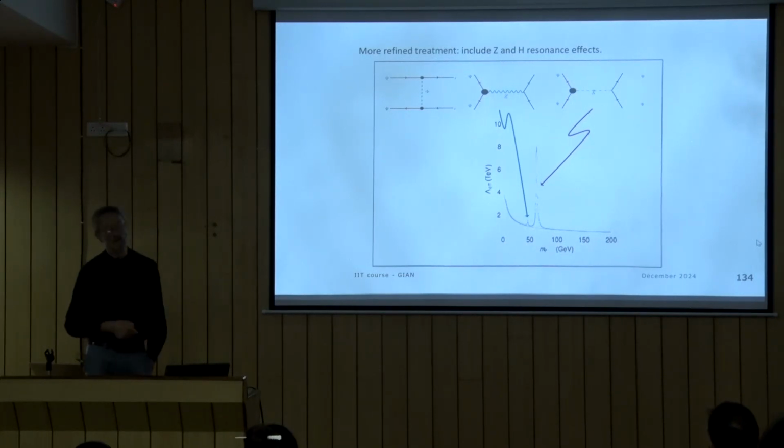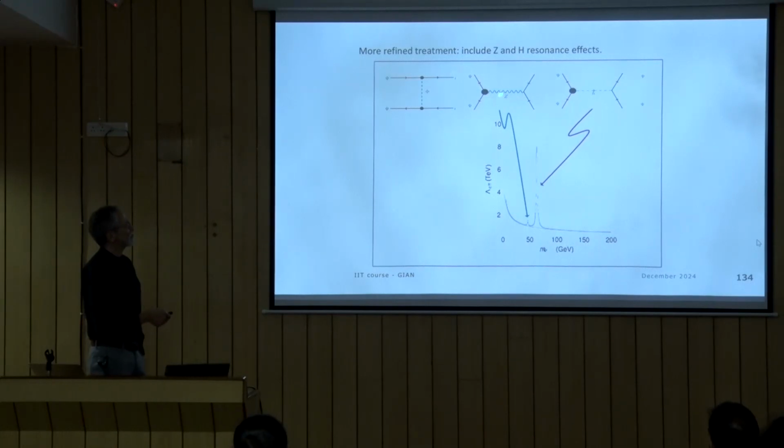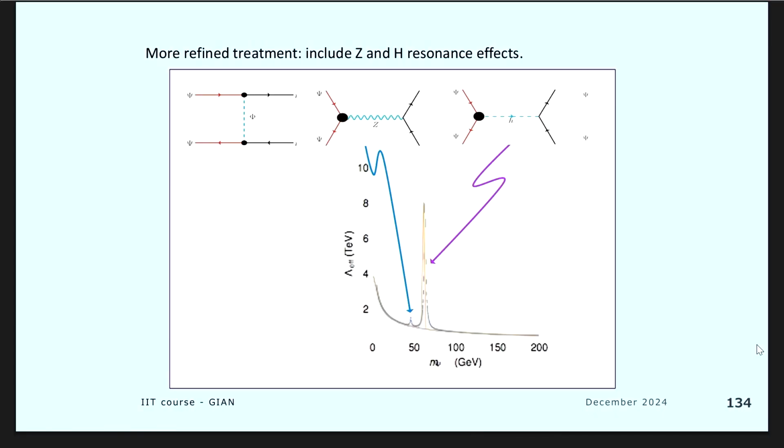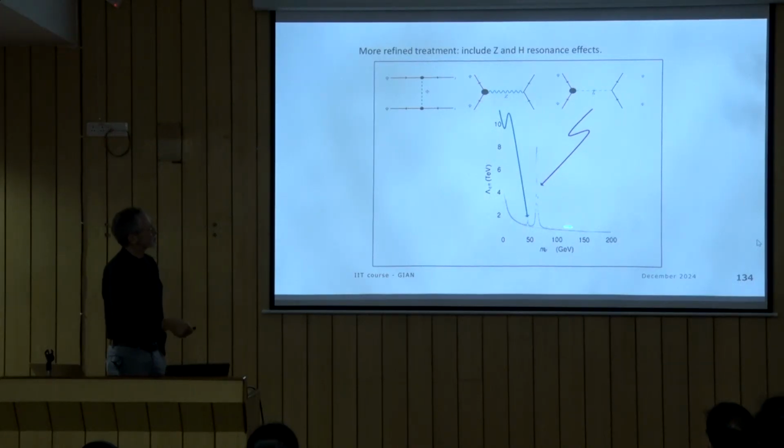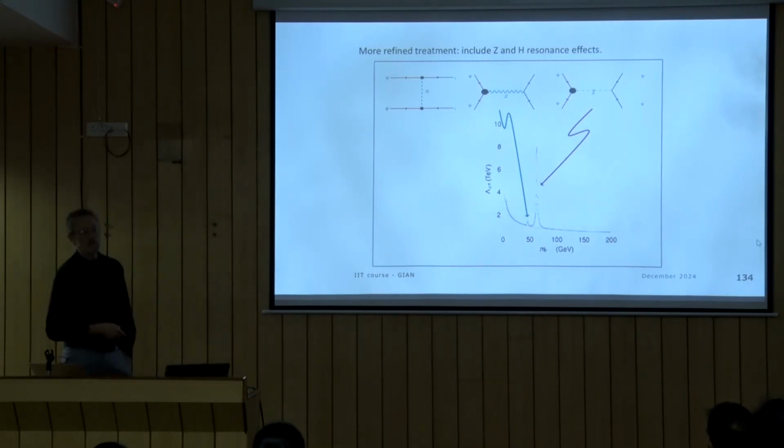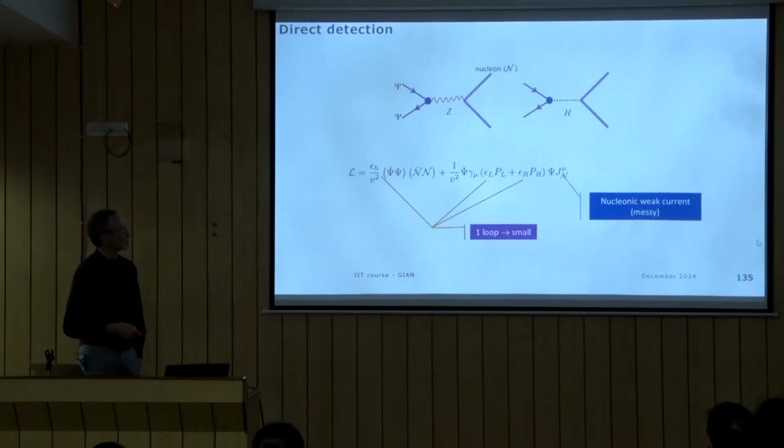You can do a more refined calculation involving the Z and the Higgs that are usually irrelevant because this coupling is very small, except when it hits the resonance, that is the mass of the Z and the mass of the Higgs. Here's the mass of the Z, here is the mass of the Higgs. It's much narrower, so the effect is much more dramatic. And this is what you get for the limits allowed on this quantity lambda effective in this model.